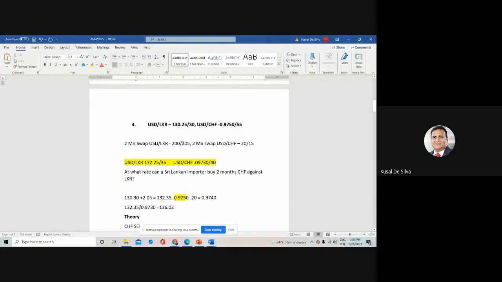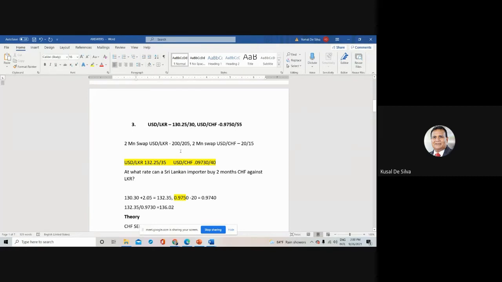In this situation, the theory is the same. You apply the bid rate or the selling rate or ask rate, and you have to look at it from the banker's point of view. You only need to know whether this needs to be added or deducted.